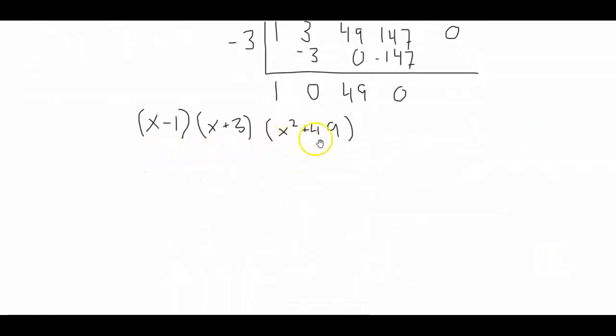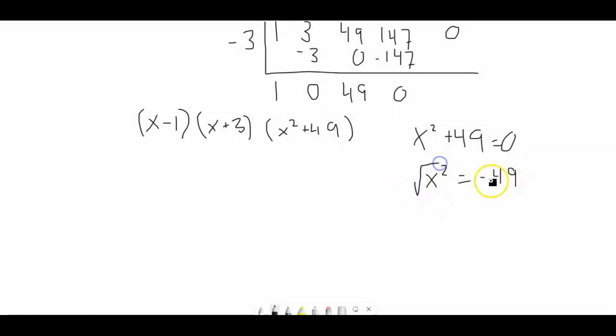So the last thing I need to do in order to fully factor this is to set this one equal to 0 and solve. So x squared plus 49 is equal to 0. Subtract 49 from both sides. I'm going to get x squared is equal to -49. And then take the square root of both sides.